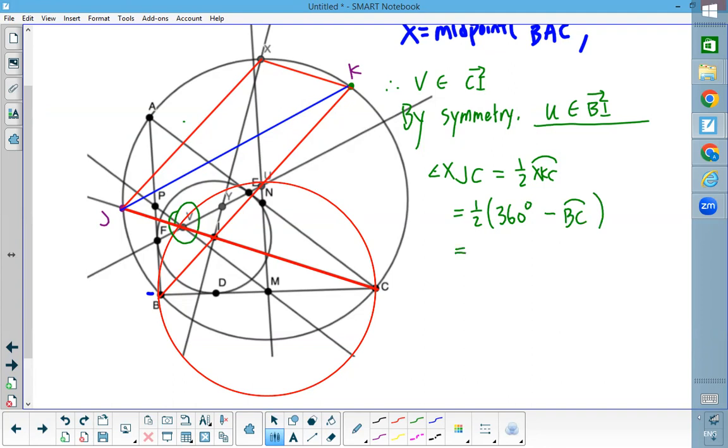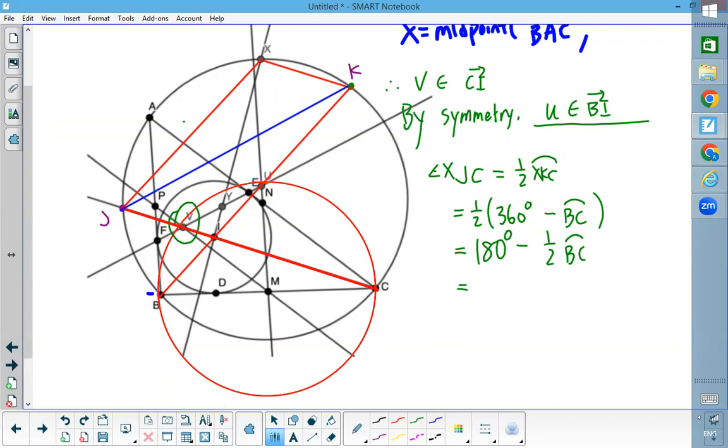Hmm, but what's 1/2 of the arc BC related to the triangle? That's simply the angle A.